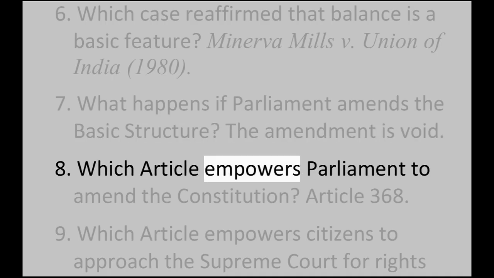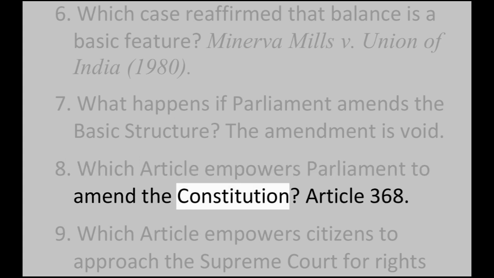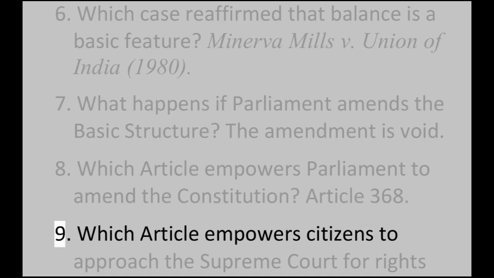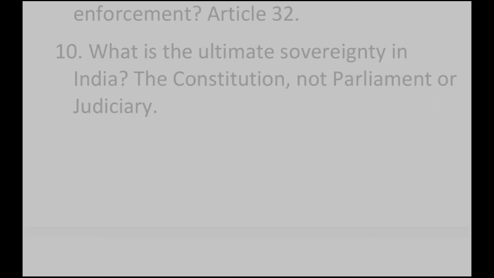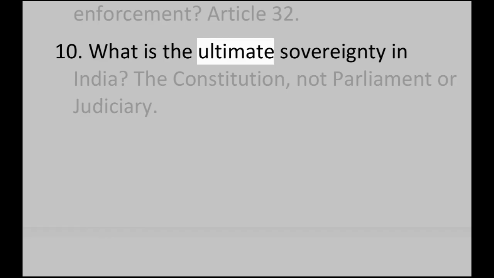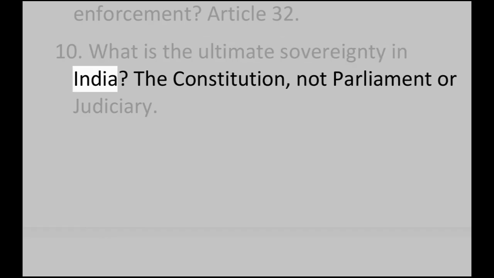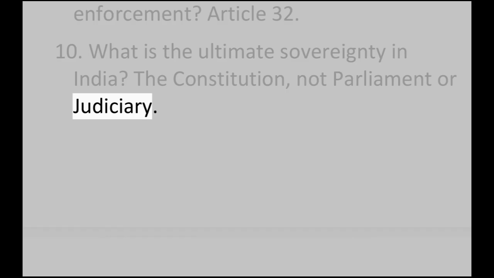Which article empowers Parliament to amend the Constitution? Article 368. 9. Which article empowers citizens to approach the Supreme Court for rights enforcement? Article 32. 10. What is the ultimate sovereignty in India? The Constitution, not Parliament or judiciary.